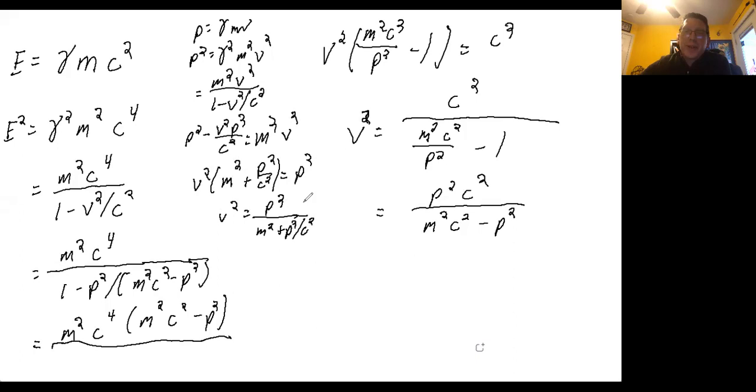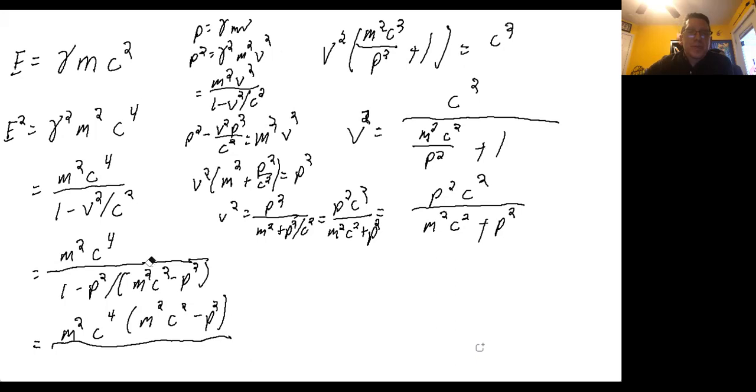And when you multiply the numerators and the denominators, you get p squared c squared over m squared c squared plus p squared. Okay, so there's a plus here. Now it makes sense.